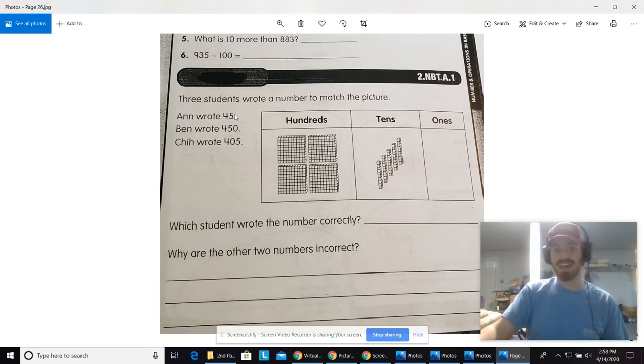Chi wrote 405. She got her ones place and tens place mixed up. That happens all the time if we're not paying attention. So she wrote it as if there were 400s, 0 extra tens, but 5 ones.